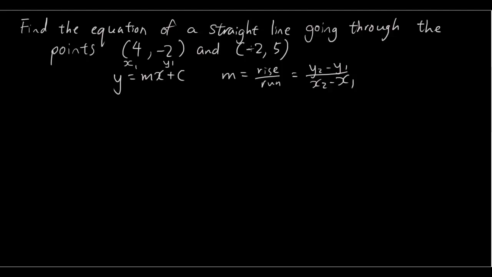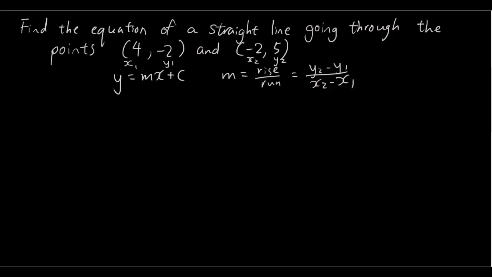This is our second point, so we're going to name it x2 and y2. And now we can simply substitute these numbers into our gradient formula to find out what the gradient is. And once we have done that, then we can simply repeat the same steps that we used in our last question to find out what the y-intercept is.